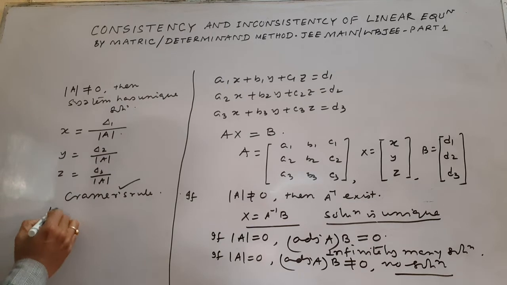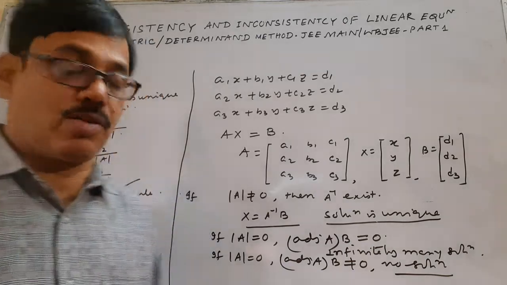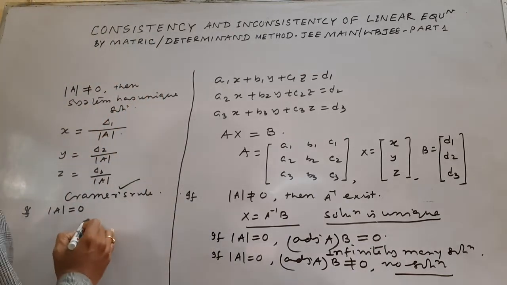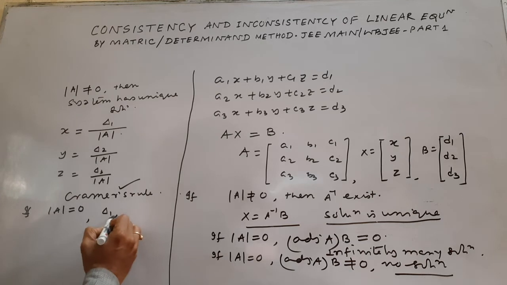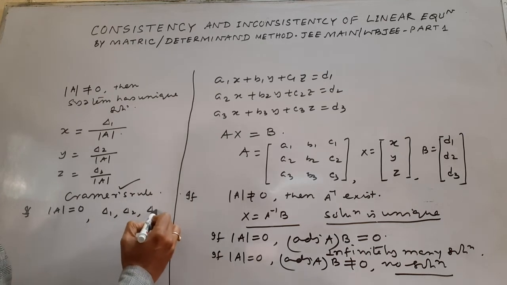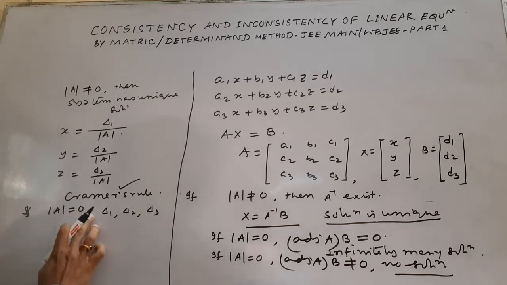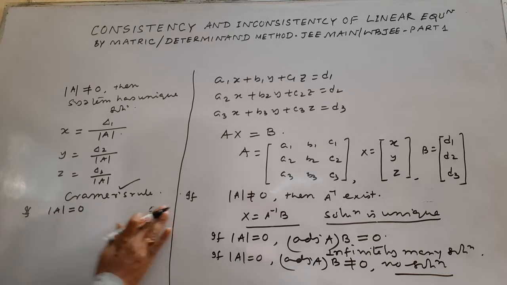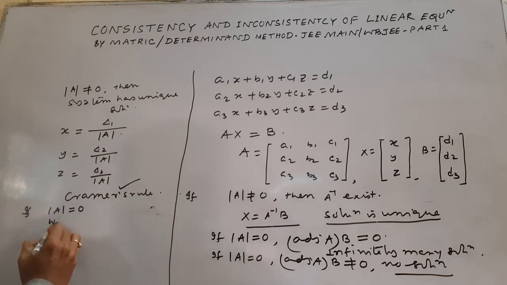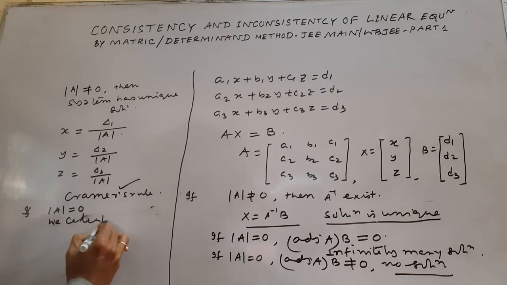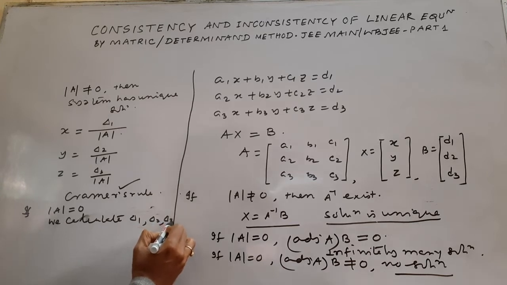If determinant A equals 0, then we calculate delta 1, delta 2, delta 3.